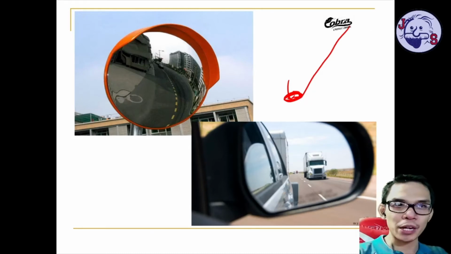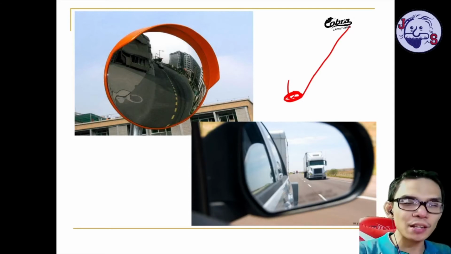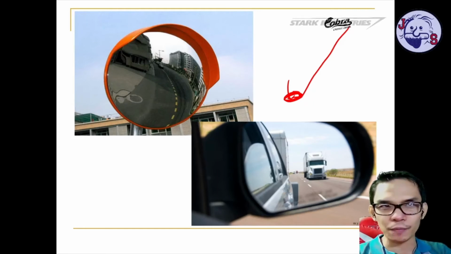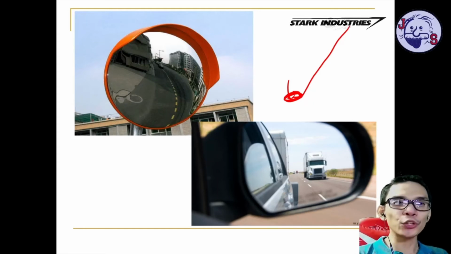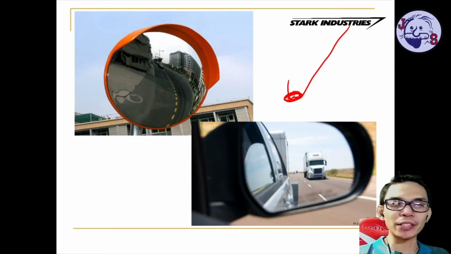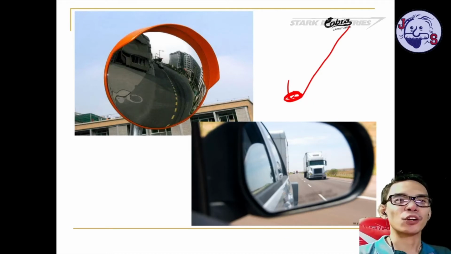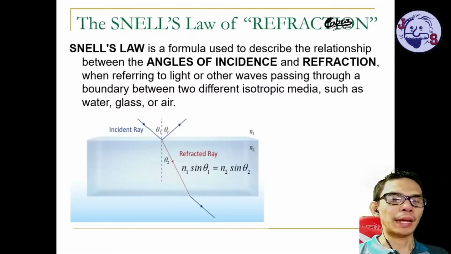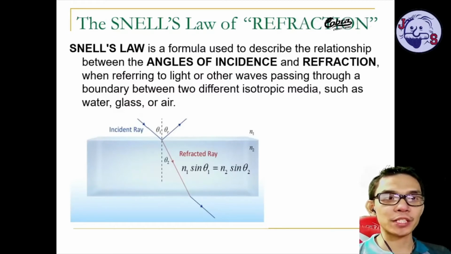You can place the object between C and F, on C, or in front of F. Try different variations and find out whether the image is the same all throughout or not. So that was your concave and convex mirror.